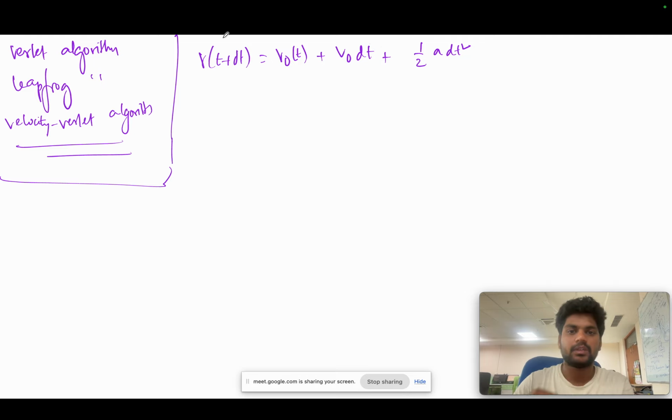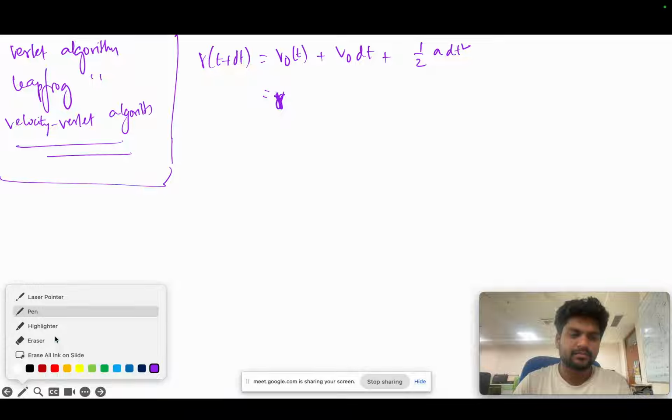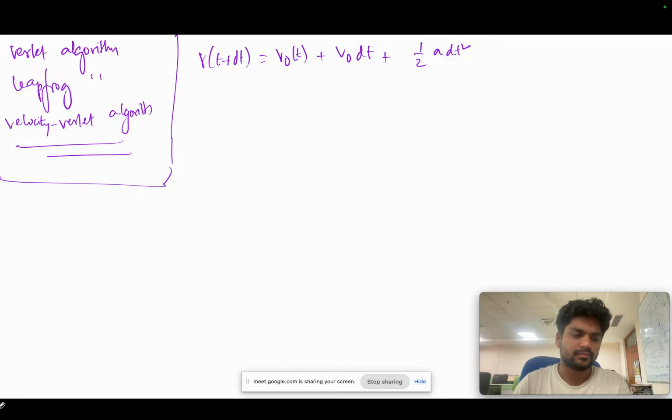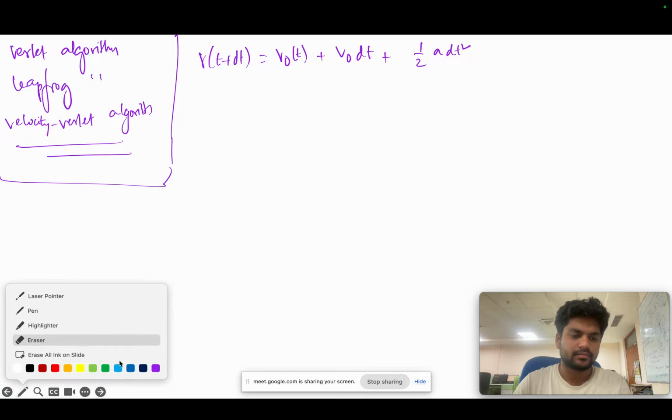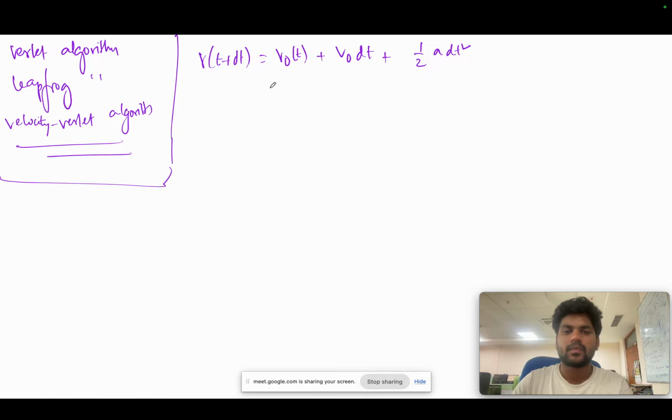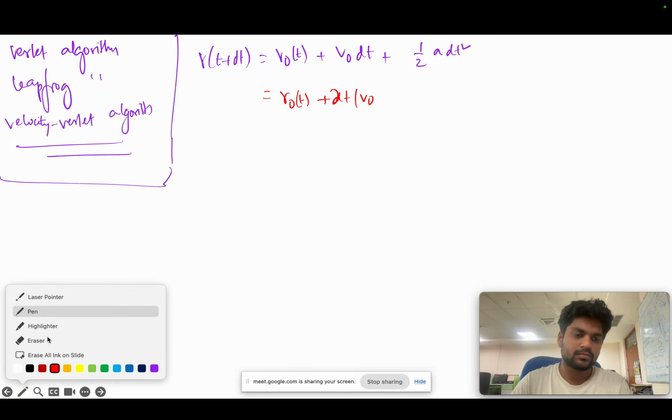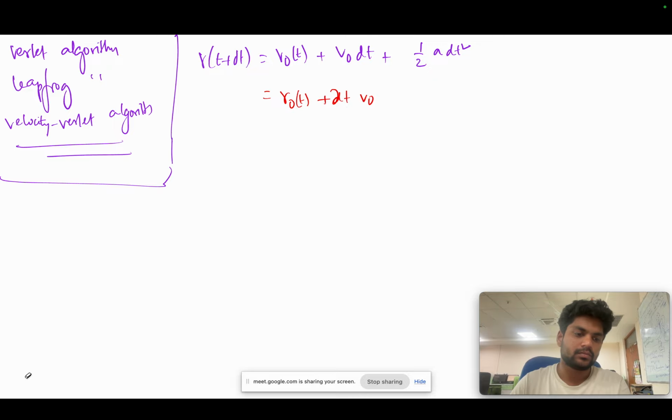Okay, so if I want to write it in another term, it will be R naught of t plus partial derivative of t, so v of t plus half v of t dt square.